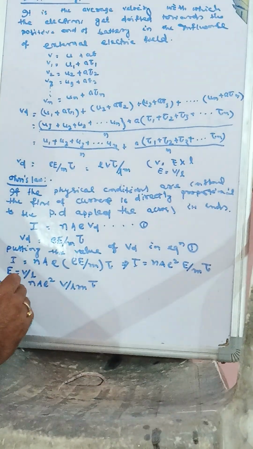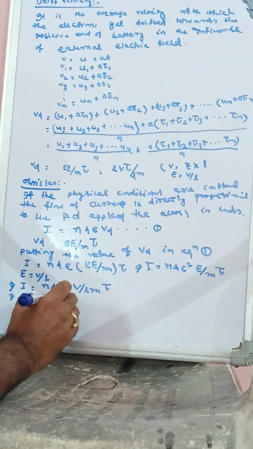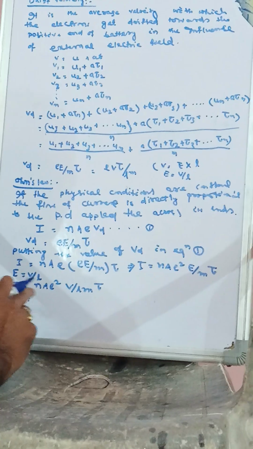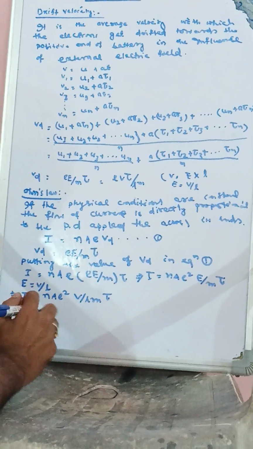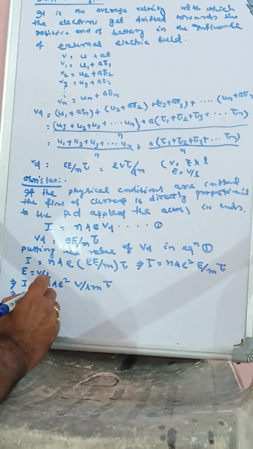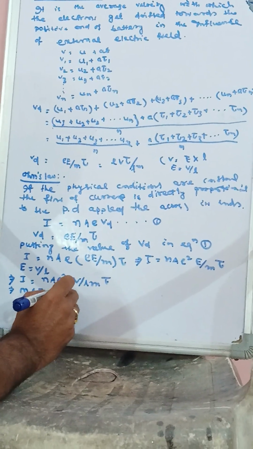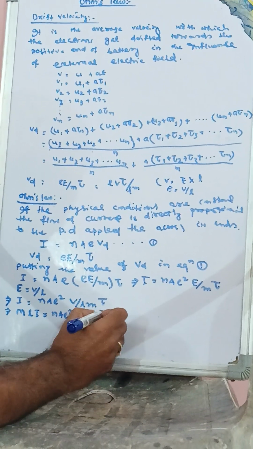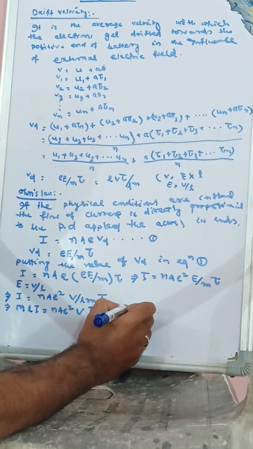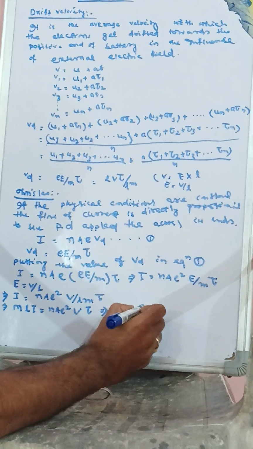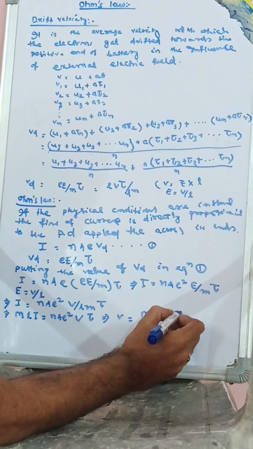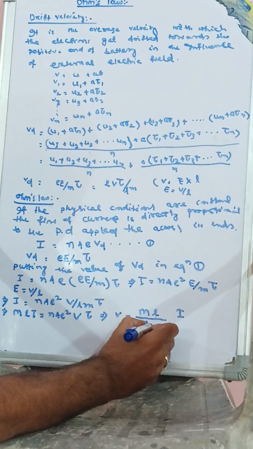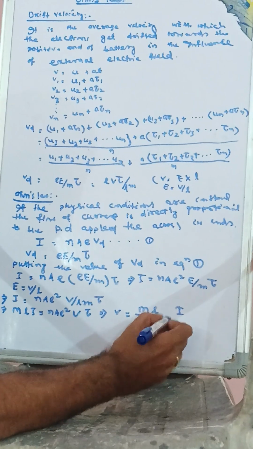Then V is equal to mL I, that is, m L I is equal to n A e square V tau. This implies that V is equal to m L I divided by n A e square tau.